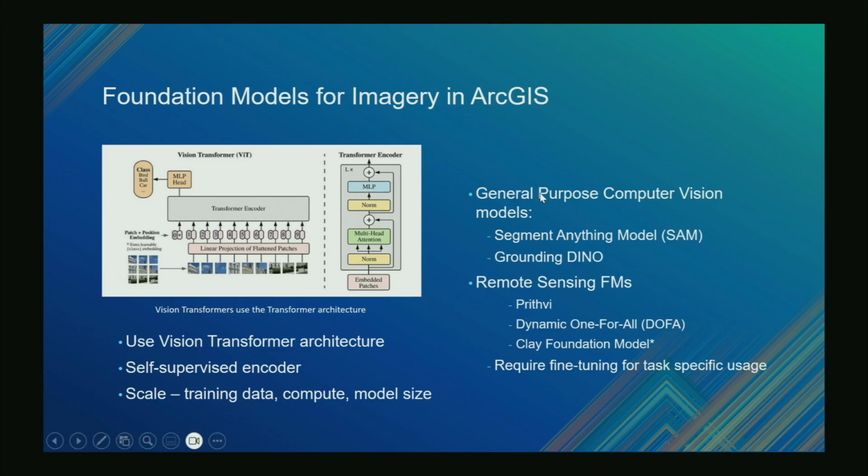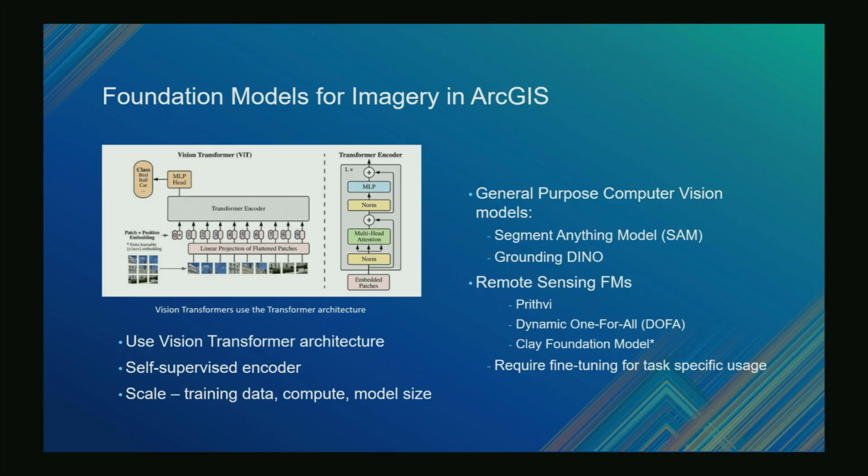And coming to the specific vision models, I'd like to break it down into two categories. It started with general purpose computer vision models. So you might have heard of Meta's Segment Anything Model. That's perhaps one of the first foundation models for computer vision.